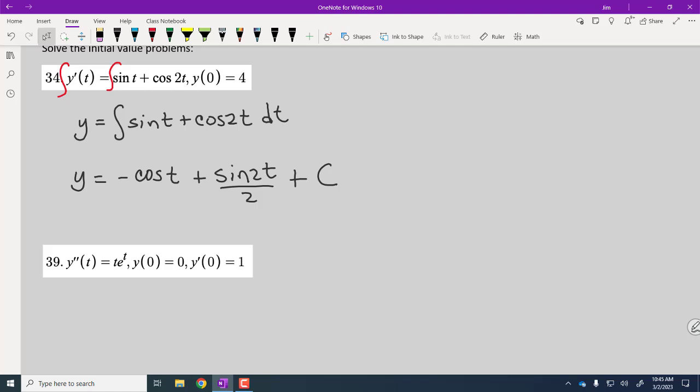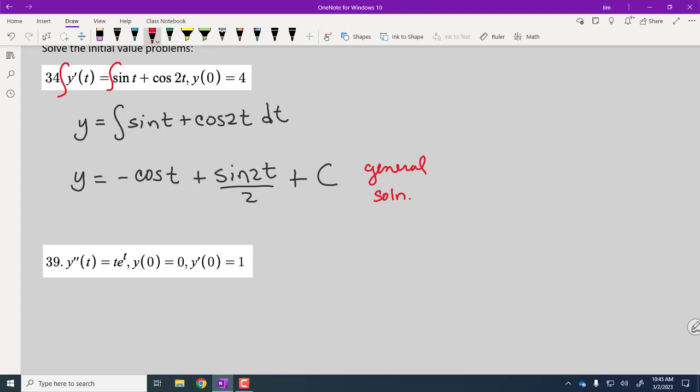Any questions on the antiderivative? The integral of cosine is sine divided by the derivative of the angle. All right, so there is what's called the general solution. The general solution has the C or C's, depending on the order.